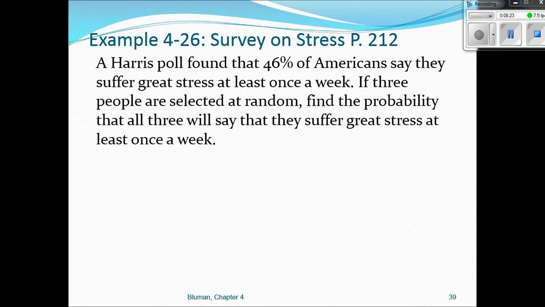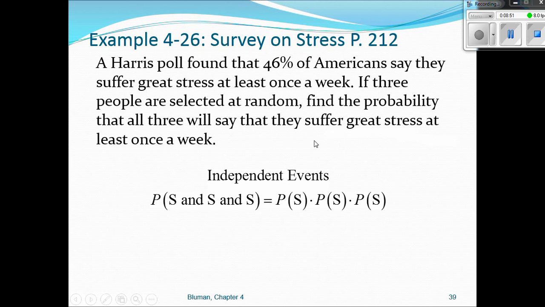The reason is that you don't know how many Americans there are. There could be so many that picking one American doesn't change this percentage; it affects it so little that it has no effect. So when you're not told how many Americans we're looking at, you need to assume independence.